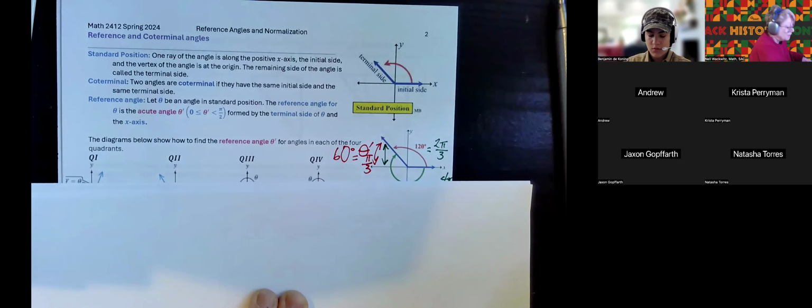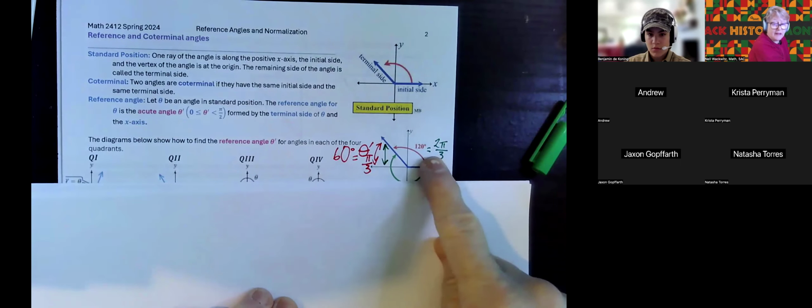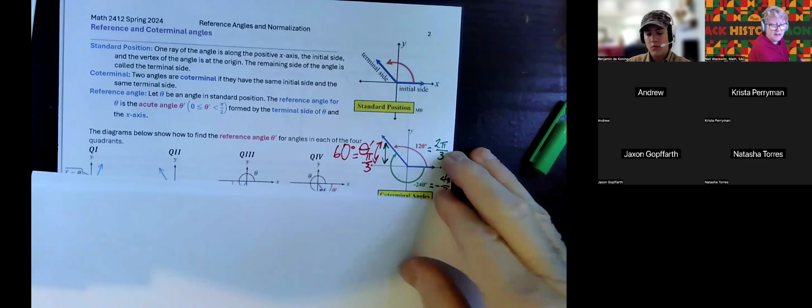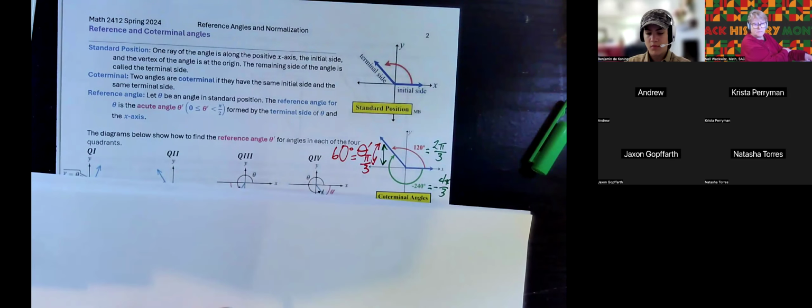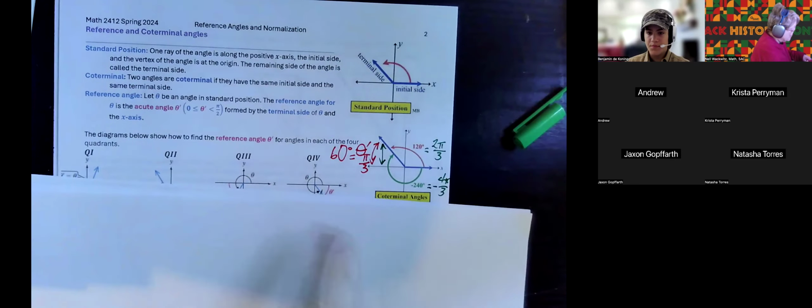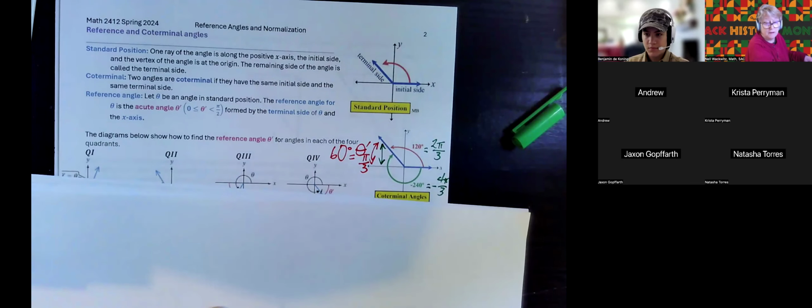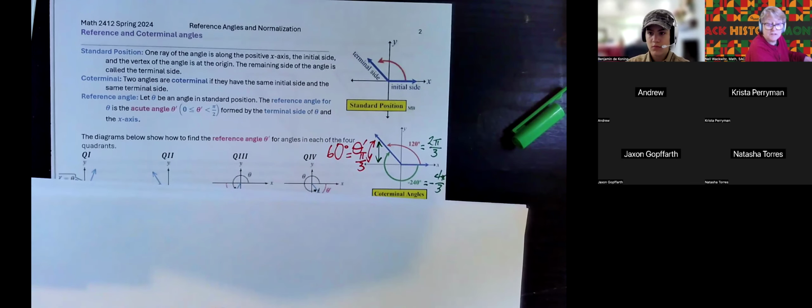And notice something about the radians. The angle in either case was measured with what denominator? 3, and the reference angle was pi over 3. That's always going to happen. So if you're in radians and the angle has a denominator of 4, then the reference angle will be pi over 4. If the angle has a denominator of 6, the reference angle will be pi over 6. That will always happen.